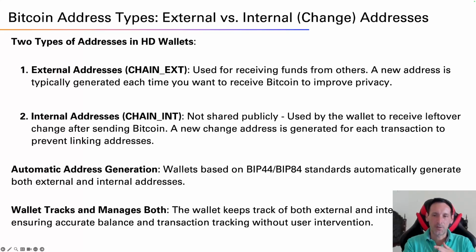All of this happens automatically in wallets that follow standards like BIP44 and BIP84. The wallet manages both internal and external addresses and tracks your balances accurately across both chains, so you don't need to worry about doing any of this manually. Of course, all of this is happening behind the scenes, but as you can see, it's quite interesting.